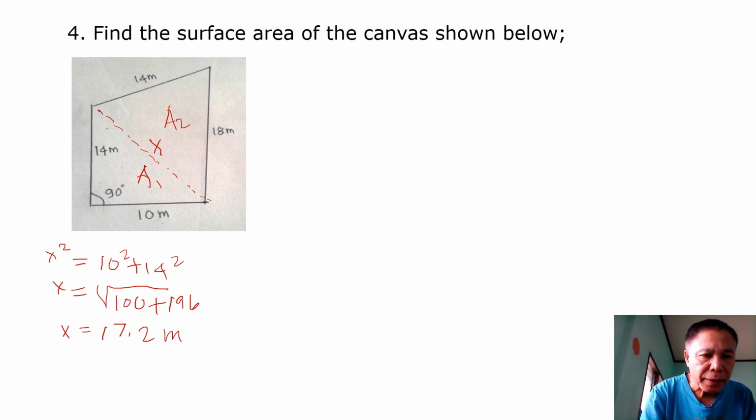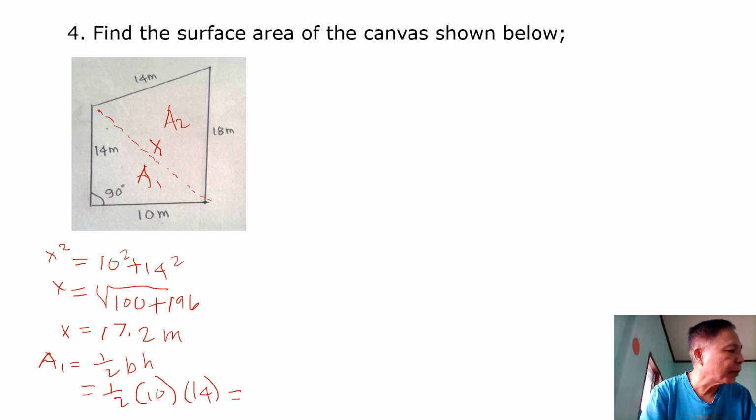So your A1 equals 1/2 bh, equals 1/2, your base is 10, your height is 14. So your area 1 would be equivalent to 70 meters squared.